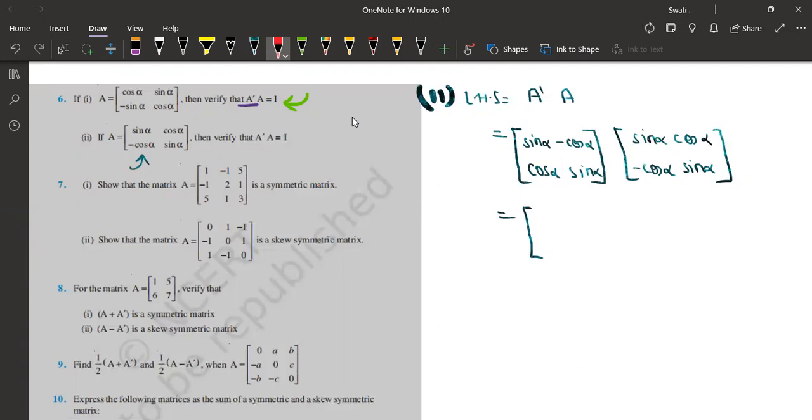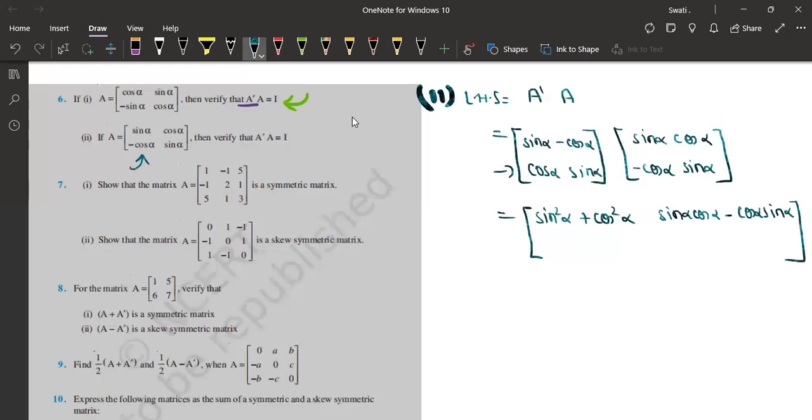If you multiply this, first row, first column: sin alpha times sin alpha is sin square alpha, plus minus cos alpha times minus cos alpha, that is plus cos square alpha. This is the first entry. Next is first row and second column: sin alpha cos alpha minus cos alpha sin alpha.